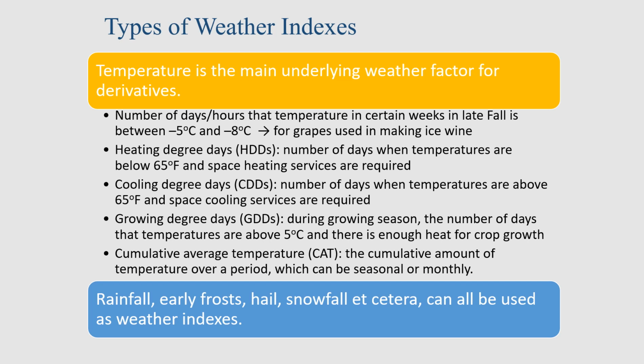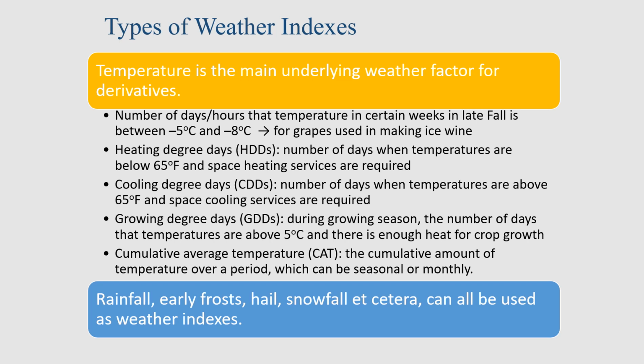Heating degree days refers to the number of days when temperatures are below 65 degrees Fahrenheit and space heating services are required. Cooling degree days are the number of days when temperatures are above 65 degrees Fahrenheit and space cooling services are required. Growing degree days: during growing season, the number of days that temperatures are above 5 degrees Celsius and there is enough heat for crop growth.